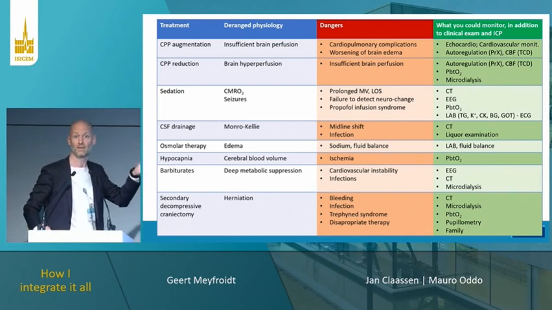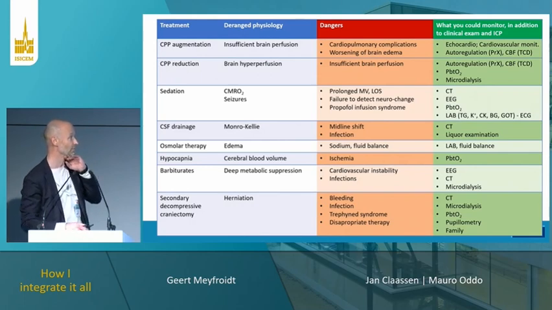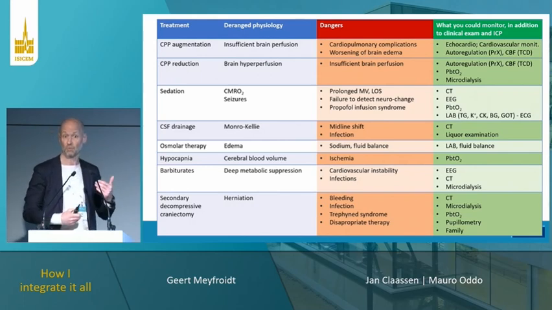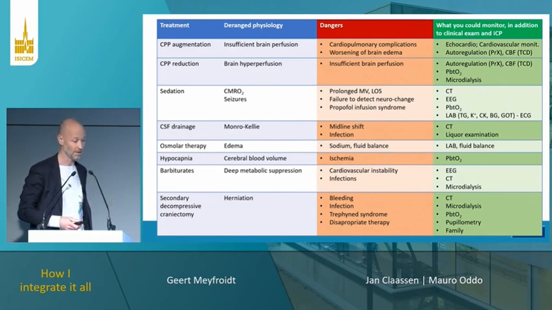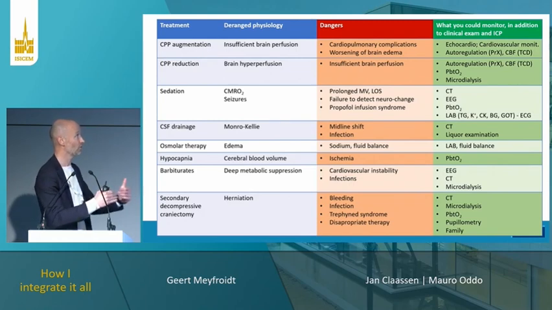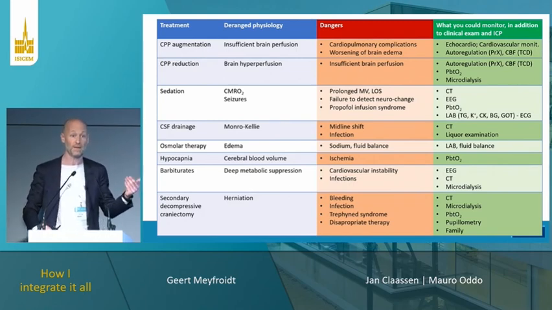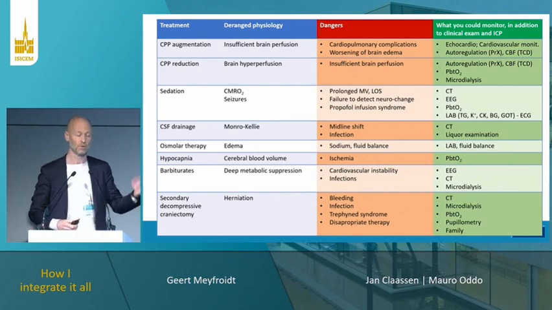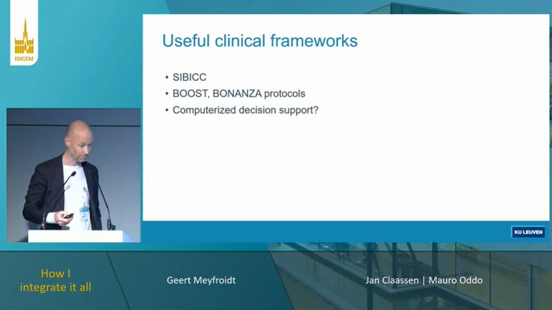Radiology, so you should integrate your findings with radiology, with your CT findings. Labs, if you do osmolar therapy, we heard about hypertonic saline or mannitol. Labs are also part of this monitoring package, and you should be aware of what am I monitoring here, what am I treating, what are the possible effects, but also what are the potential side effects of my therapy.